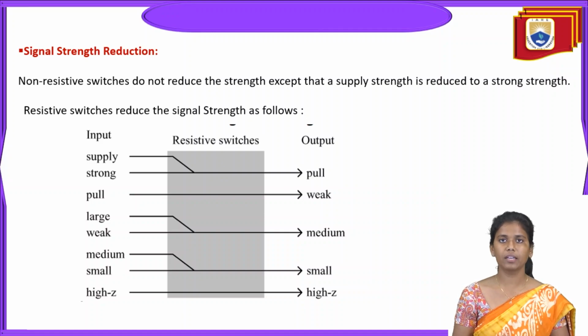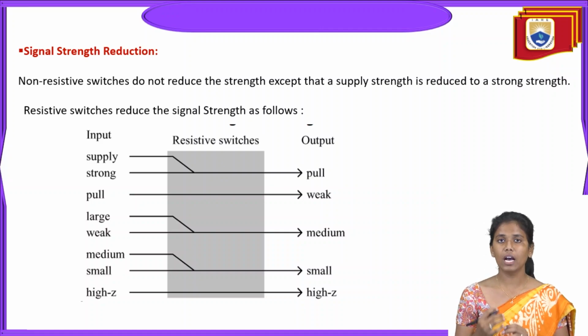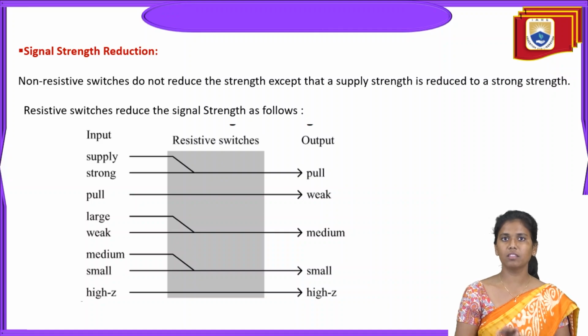We can't predict; sometimes the signal is weak and sometimes it is strong. When strong signals accumulate together, they eliminate some signals. Such eliminating is nothing but signal strength reduction.